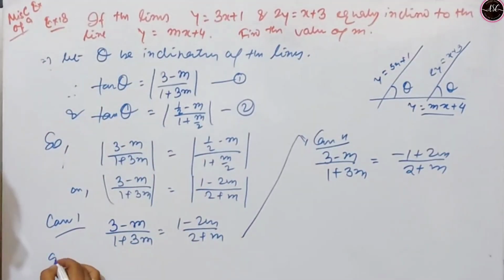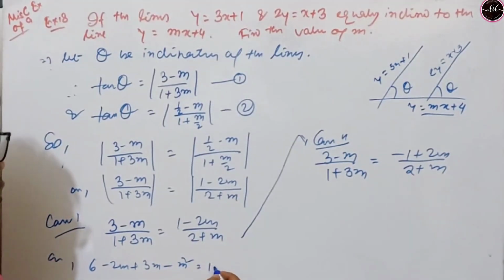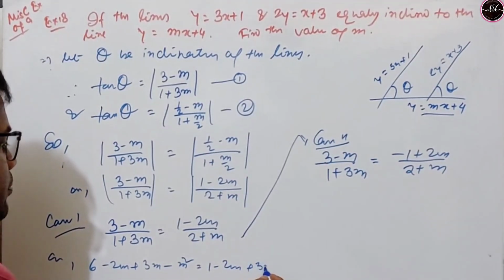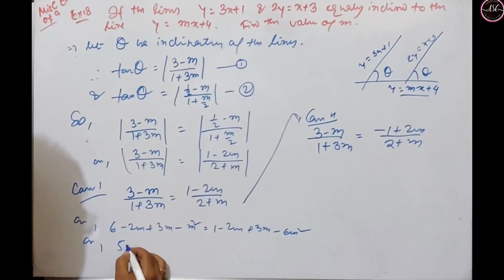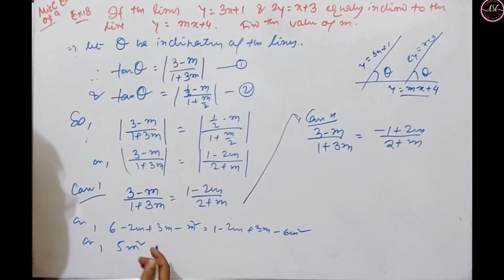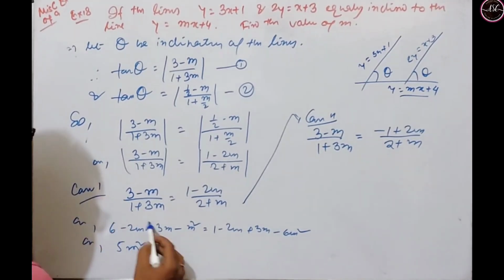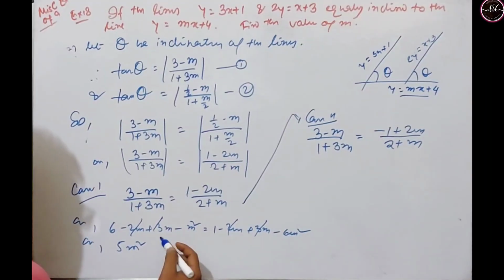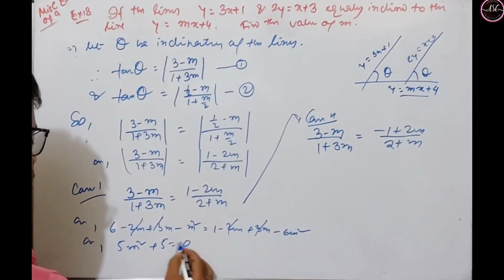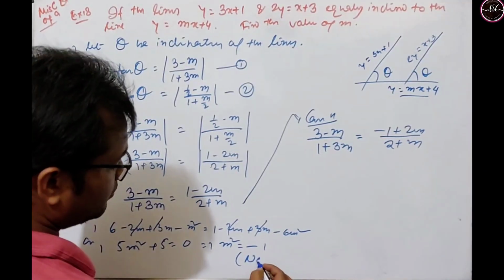Just solving this, we get 6 minus 2m plus 3m minus m square equal to 1 minus 2m plus 3m minus 6m square, or 5m square. By moving every part, we get here plus m and here plus m, that will be cancelled out. Okay, and here 6 minus 1 plus 5 equal to 0, implies m square equal to minus 1. That is not possible.